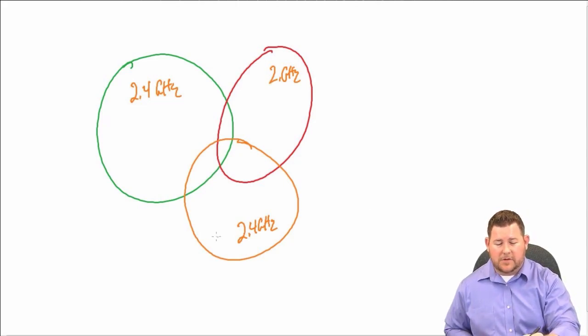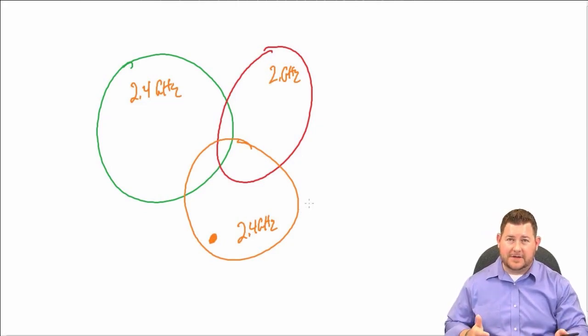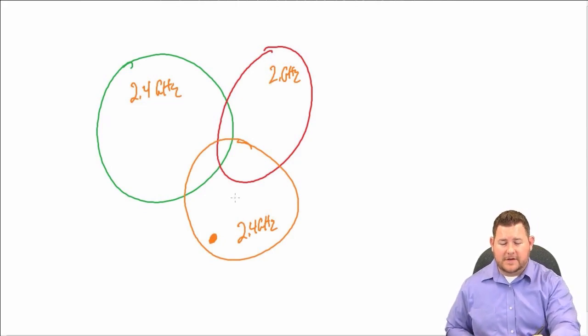So if you're standing over here in this orange cell, you're getting this 2.4 gigahertz signal, but the signal operates on different channels within the system. So let's say this is on channel 11, and then you could have this one on channel 1, and then this one on 6.